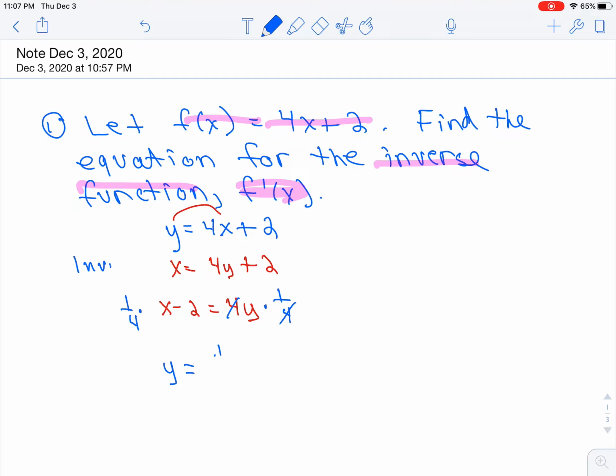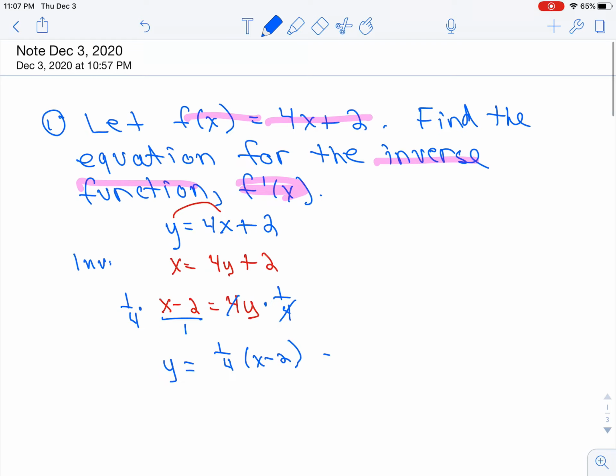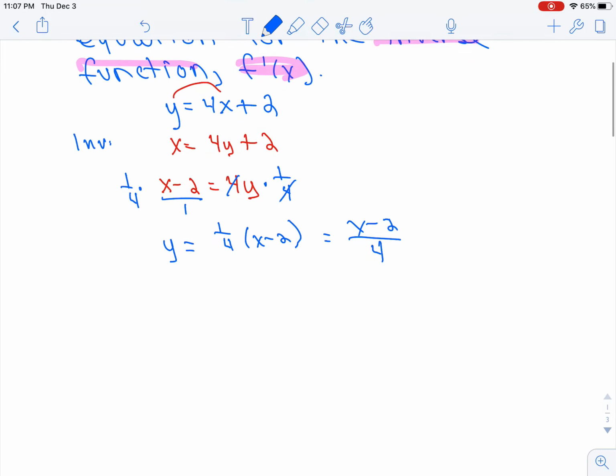And then you can either write it as 1/4 times the quantity x minus 2, or if you want to think of that x minus 2 as being x minus 2 over 1, you also could write it as x minus 2 over 4. Okay? And then the notation for that is, we replace the y then with f inverse of x is equal to x minus 2 divided by 4.